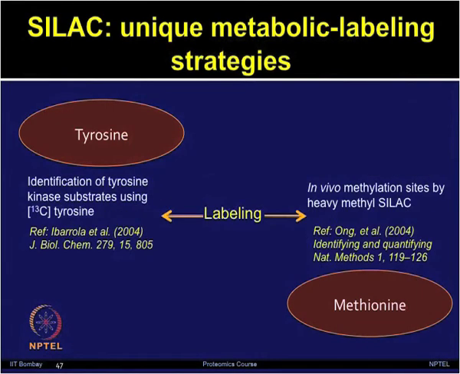Researchers have reported various unique metabolic labeling strategies. For example, by using tyrosine, the identification of tyrosine kinase substrates using 13C tyrosine. Labeling is also performed by using methionine, the in vivo methylation sites by heavy methyl SILAC.